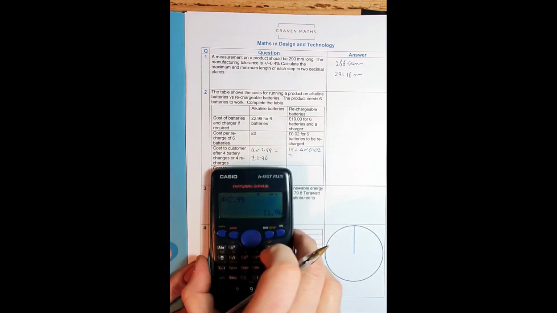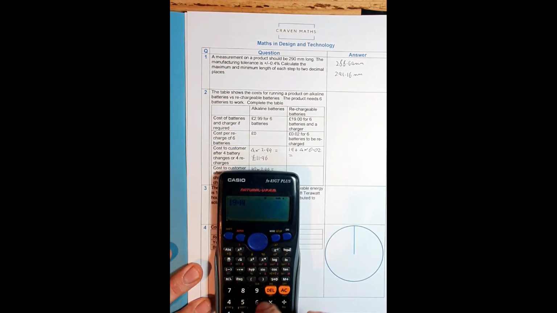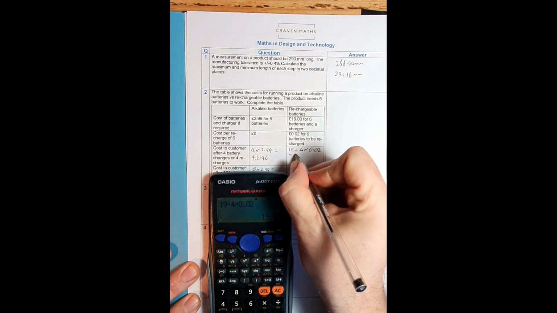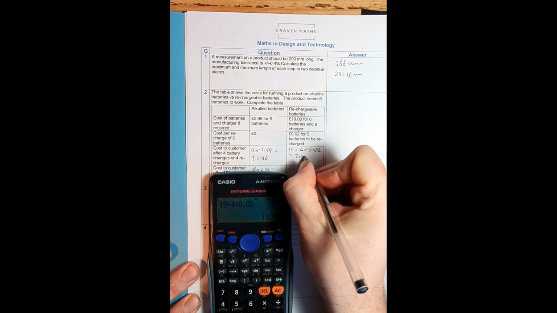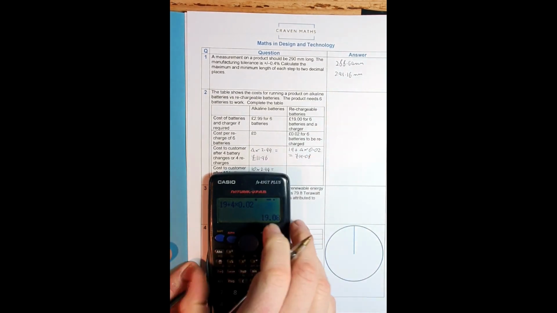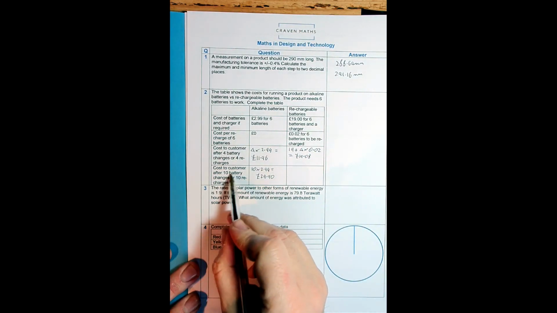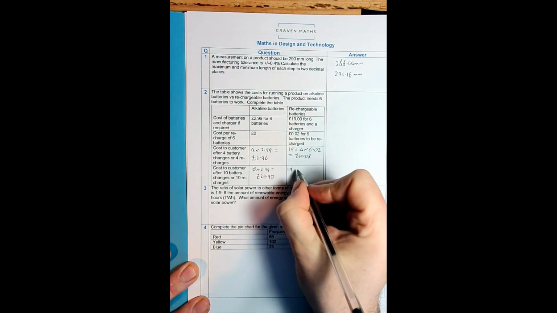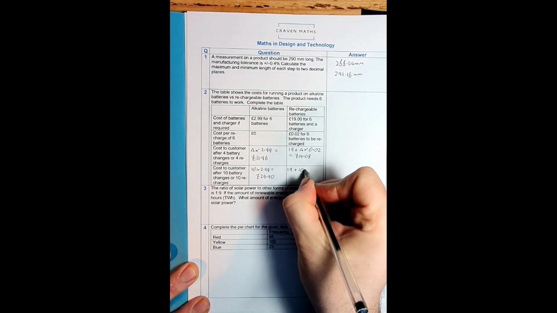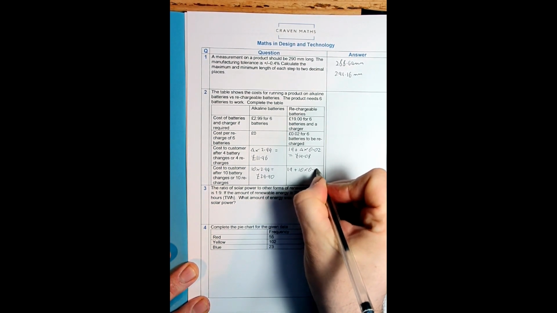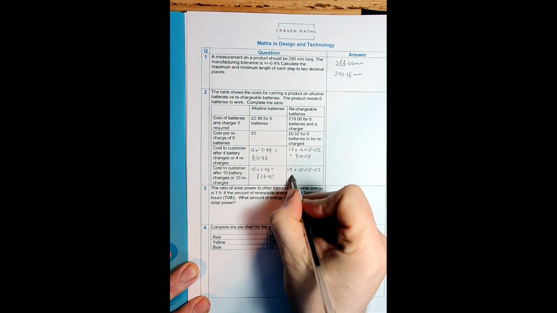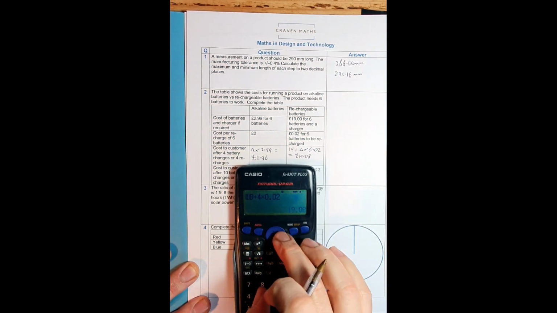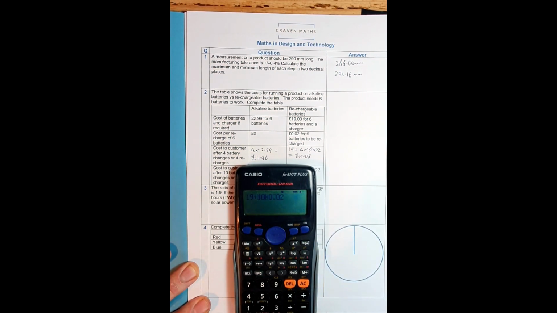So I'll literally just type that in, 19 plus 4 lots of 0.02, £19.08. And after 10 charges, well, the 19 stays as 19 because that was the original cost of the batteries, and now it's 10 lots of 2p. So I'll just change my 4 to a 10, £19.20.